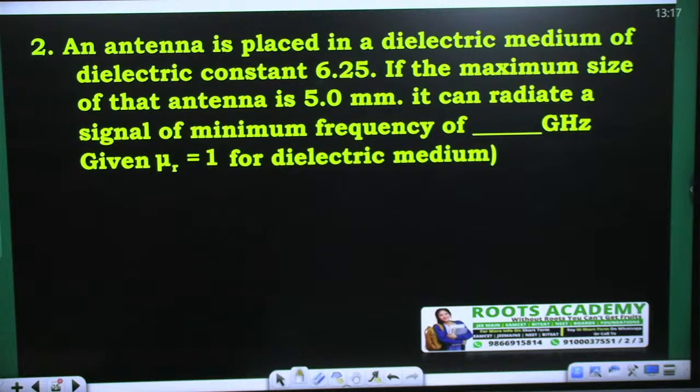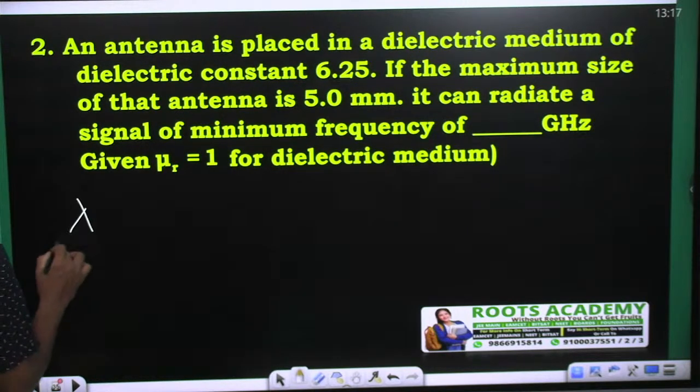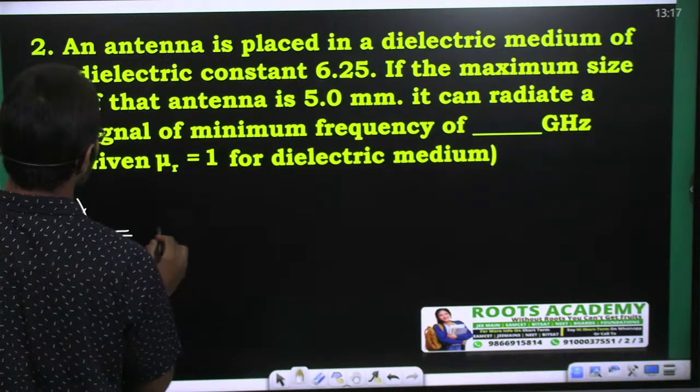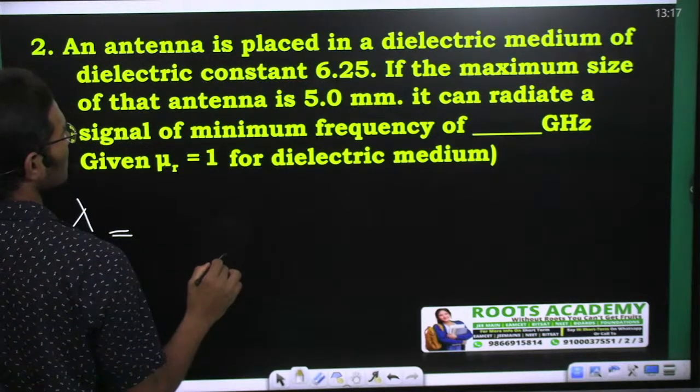So we have a question: an antenna is placed in a dielectric medium of dielectric constant 6.25. If the maximum size of the antenna is 5 mm, it can radiate a signal of minimum frequency of dash gigahertz, given mu r is equal to 1 for the dielectric medium. We know lambda by 4 is equal to the size of the antenna.